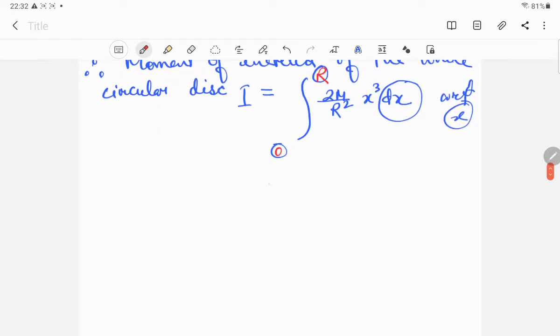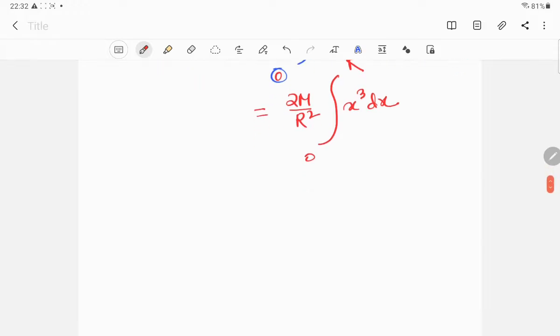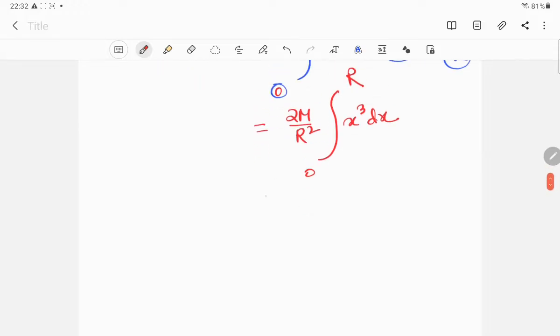Since you know that 2m/r square is constant, it will come out, so it is the integral from 0 to R of x cube dx. So this is 2m/r square times x to power 4 by 4, and we need to put the lower and upper limits.